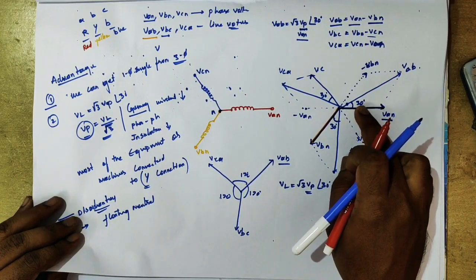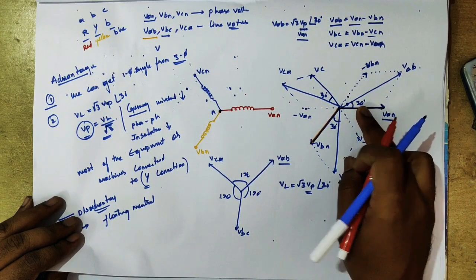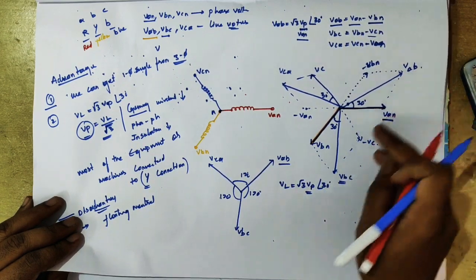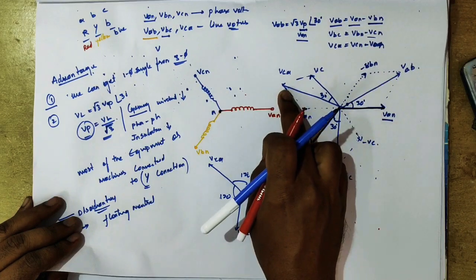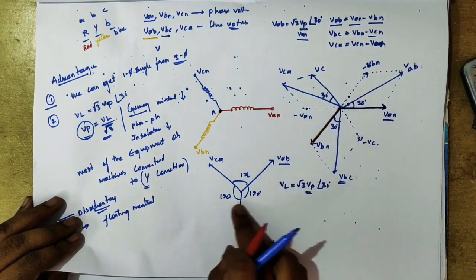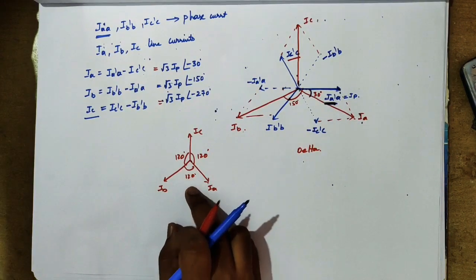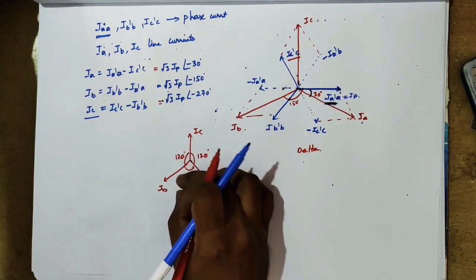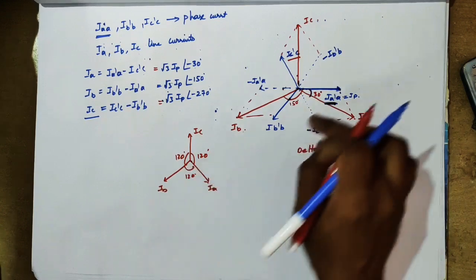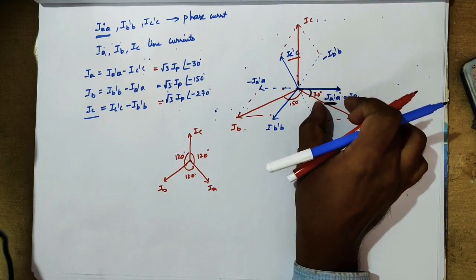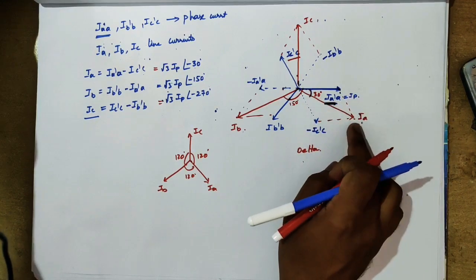With respect to the phase voltage we represent the line voltages VAB, VBC and VCA, but individually they are 120 degrees phase shifted. Similarly, line currents in delta are also individually 120 degrees phase shifted, but with respect to the phase currents they are lagging.